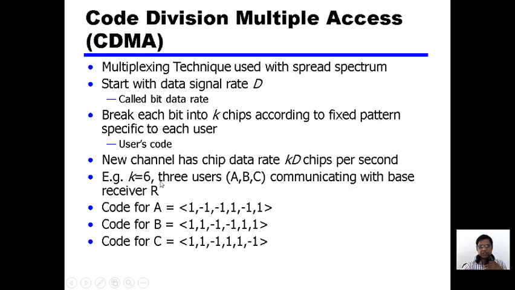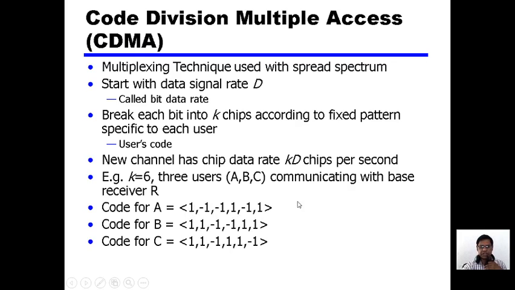Okay, so for example k is equal to 6, 3 users A, B, C communicating with base receiver R. Okay, we are communicating with base receiver R. See, 6 signals that you can see here, code A, code B, code C. Here it is 1 -1 -1 1 -1 1. So it may be 1 0 0 or 1 1 or anything like that. Okay, so 1 -1 -1. Again it is going to be the complement of this.